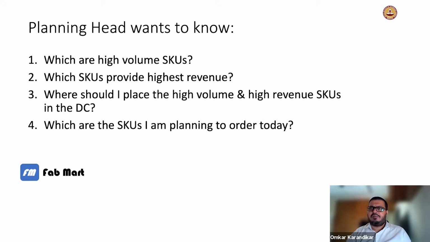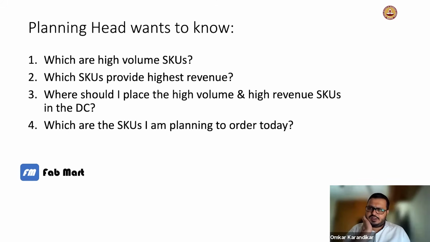Where should I place the high volume SKUs and low volume SKUs within my DC? I'll have limited storage capacity, right? How do I best organize my DC so that my picking efficiency is best, so that the manpower required in the DC is least possible? I offer myself at the least possible cost to the customer, and hence offer the best possible prices to the customer, which will in turn mean the customer will come back to me.